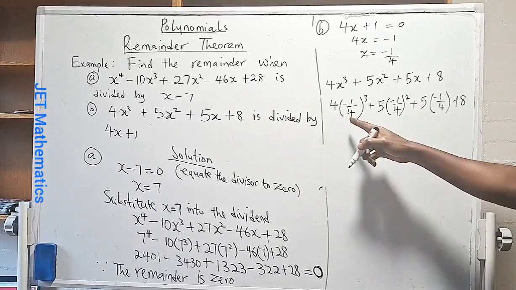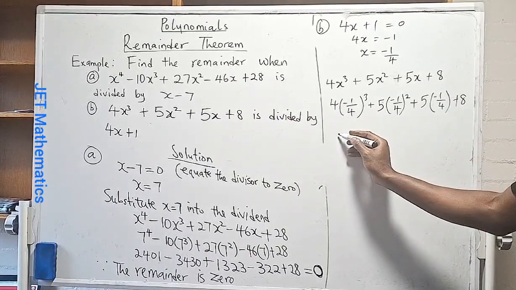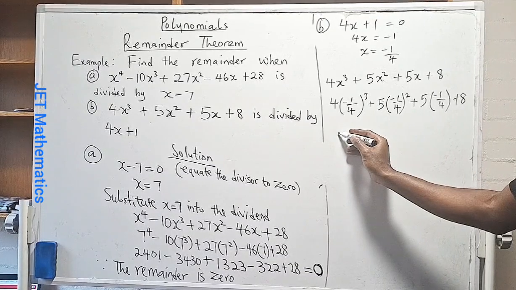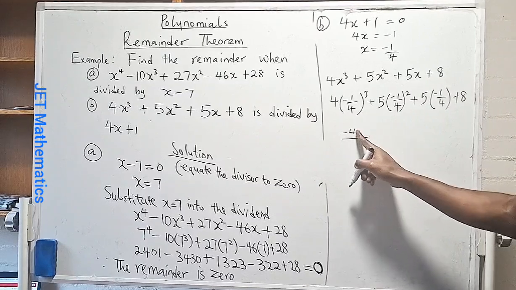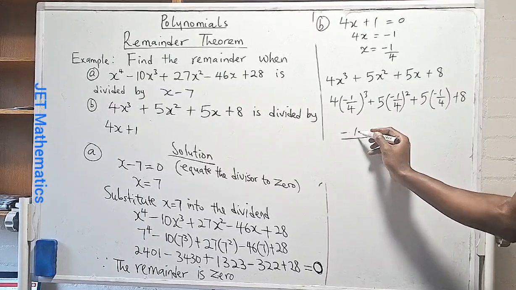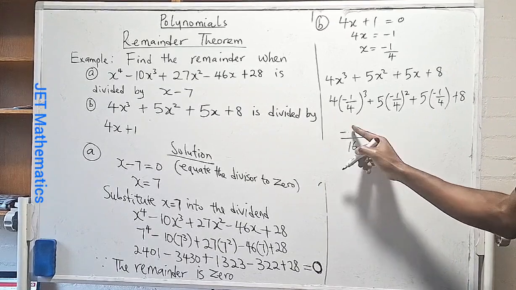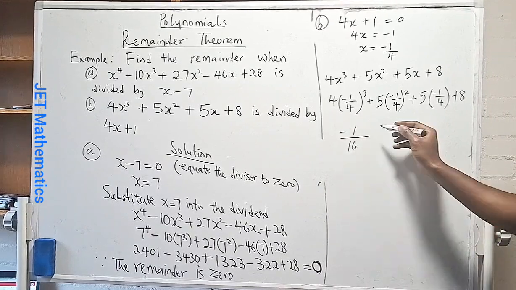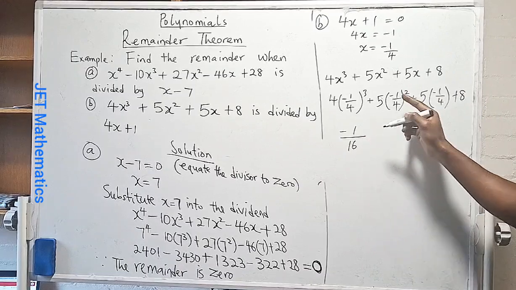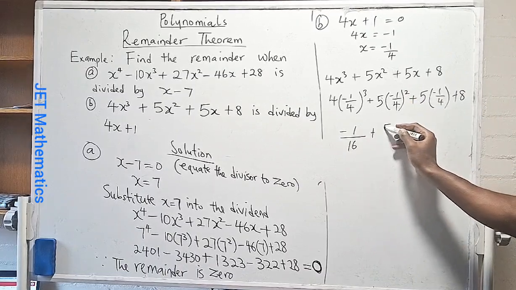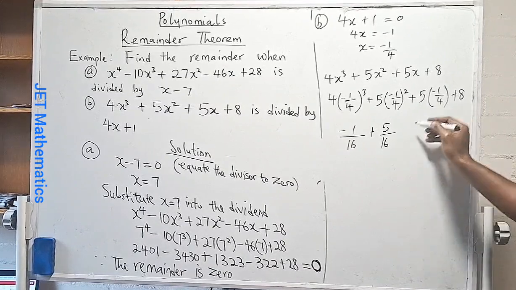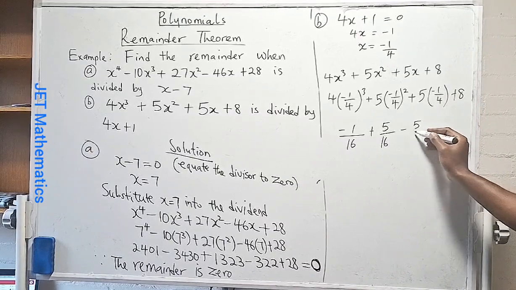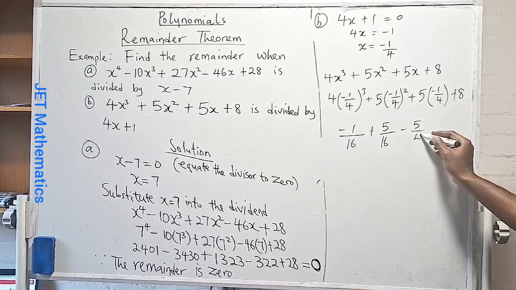What we need to do next, this becomes minus 4 over 64, which is minus 1 over 16. This becomes plus 5 over 16. This becomes minus 5 over 4.